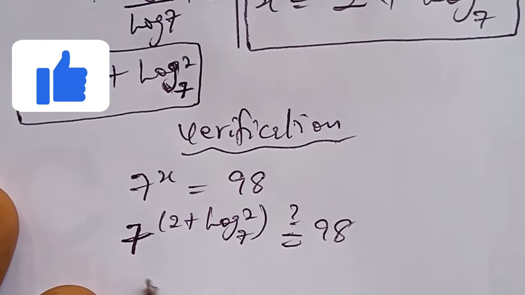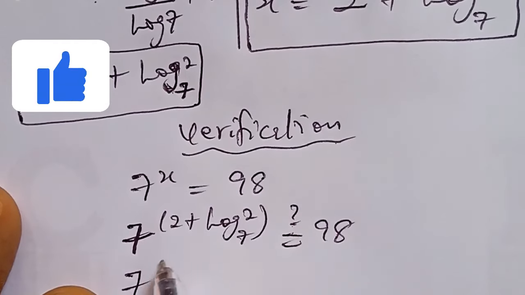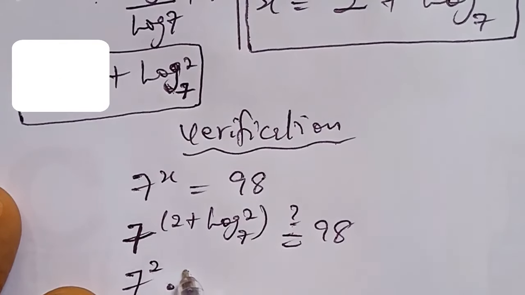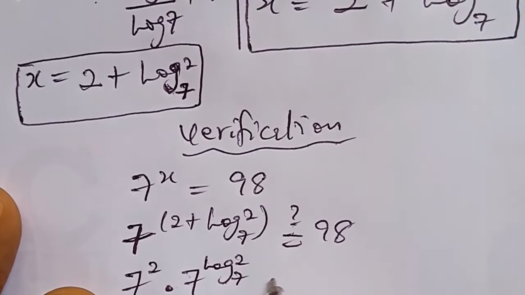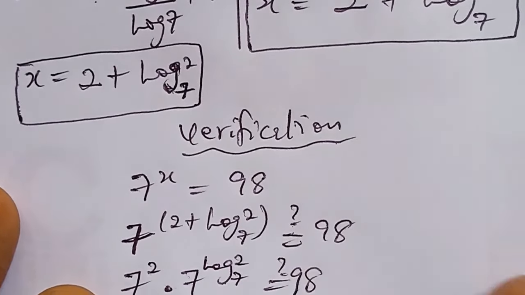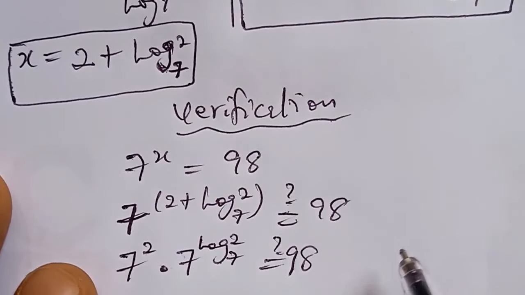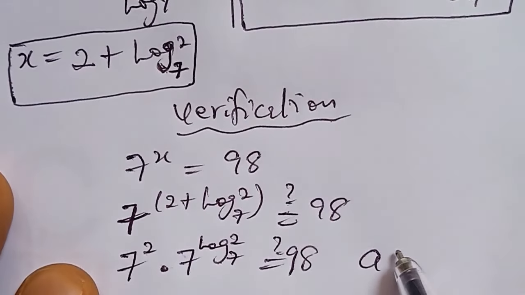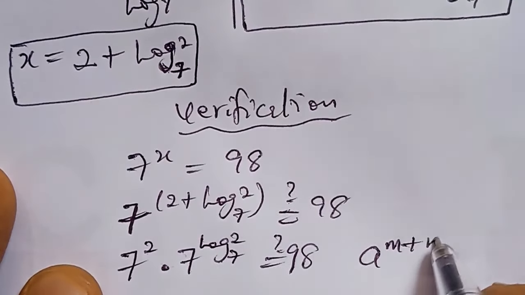So from here we can simplify this, and we have 7 to the power of 2 multiplied by 7 to the power of log 2 base of 7. Would that be equal to 98? So we simplify this using the identity a to the power of m plus n.